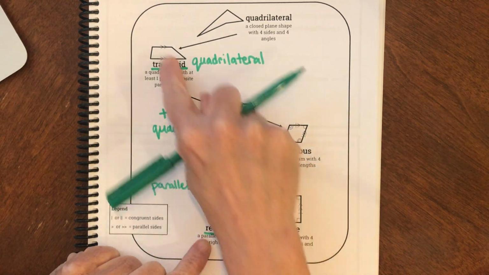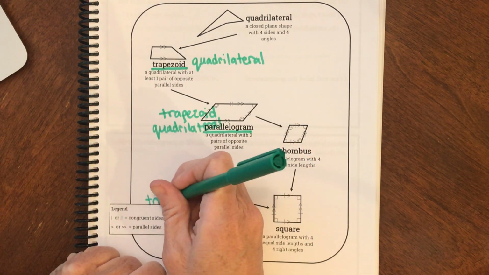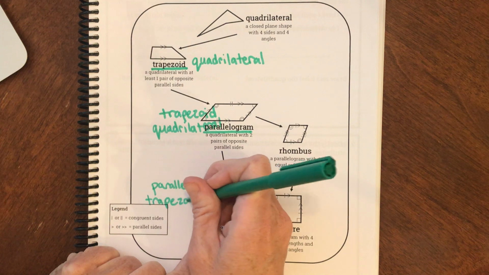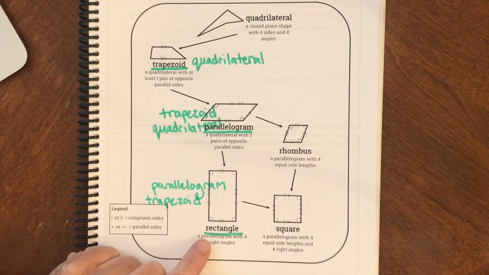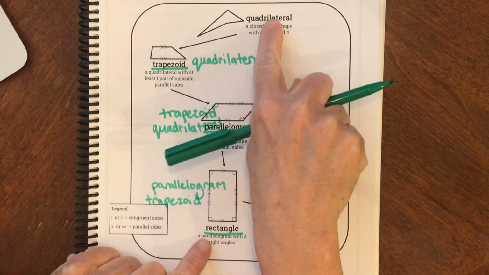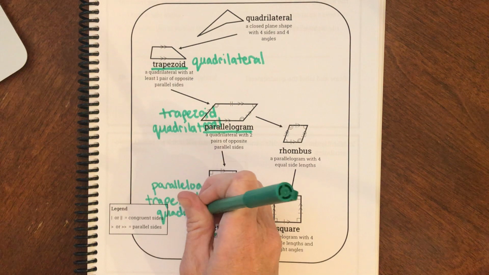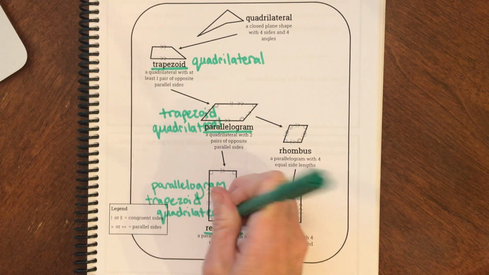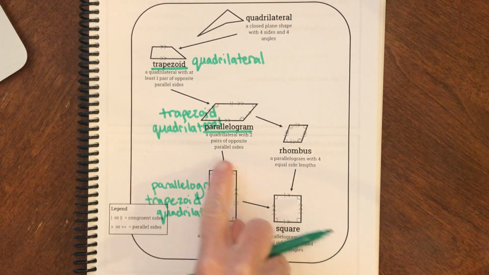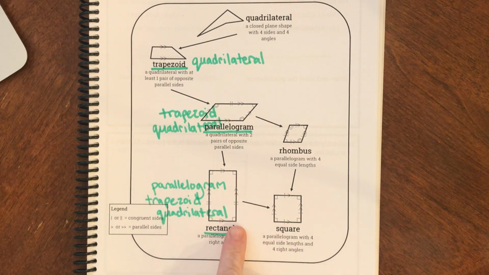It also could be called a trapezoid because a trapezoid only has to have one pair of opposite parallel sides. And it also could be called a quadrilateral. So this shape could be called 4 different names, but this is its best name.